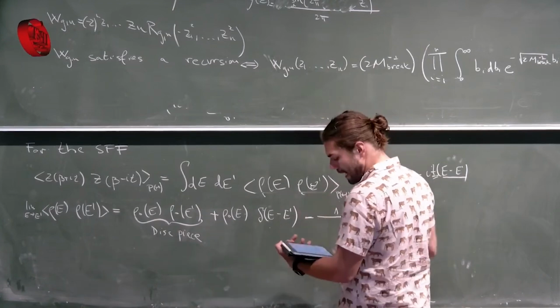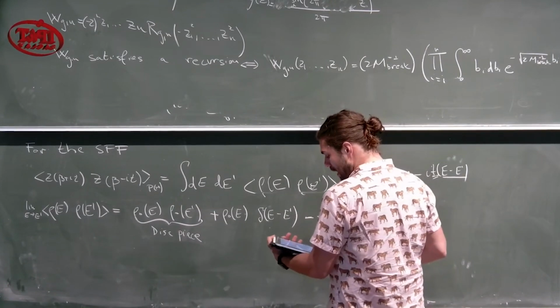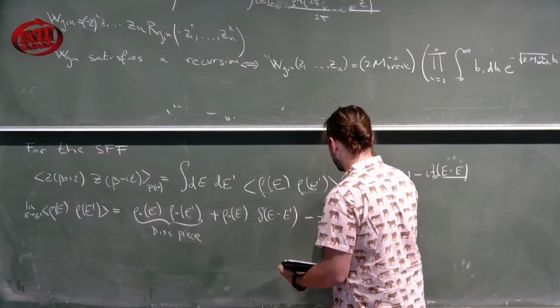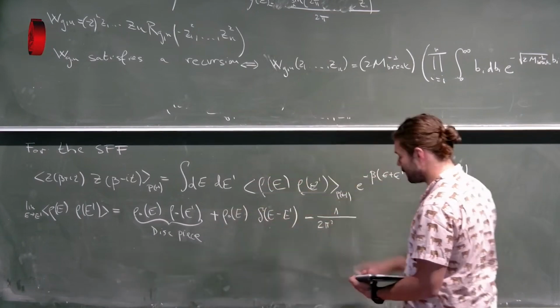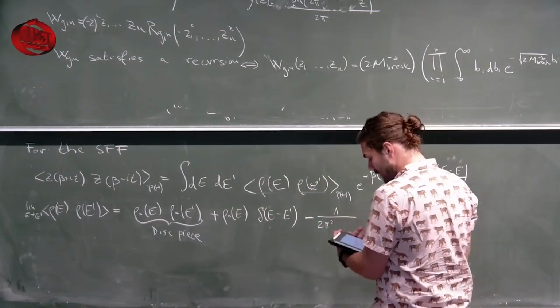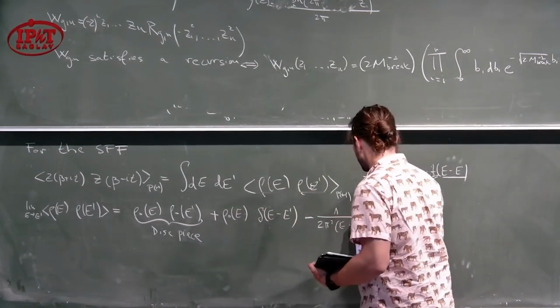So because it was independent of the density, that contribution in the rho correlator goes like 1 over 2 pi squared (E minus E prime) squared.